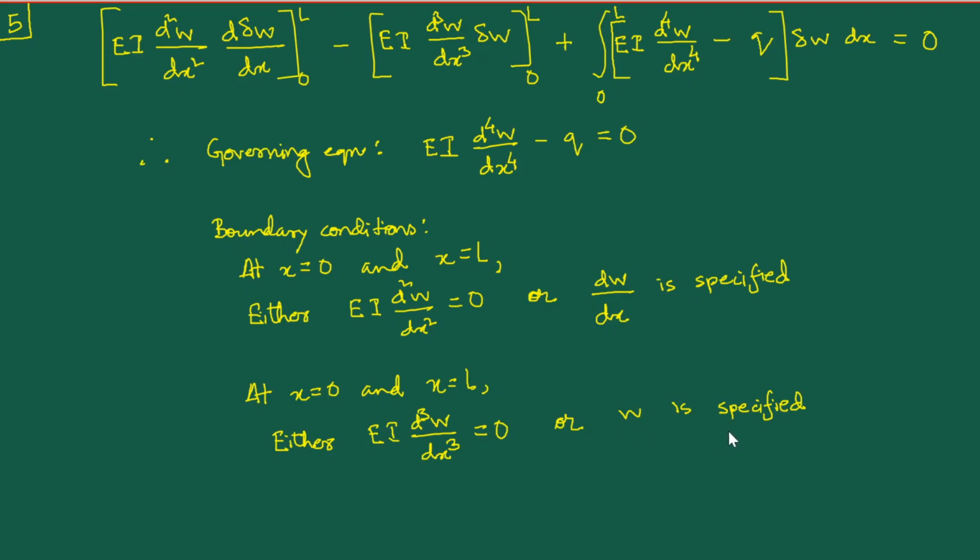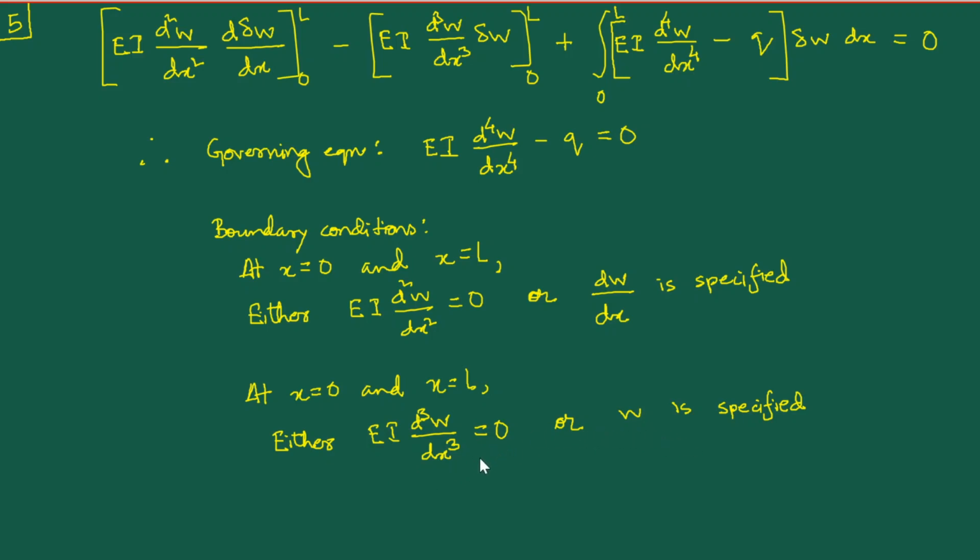So if the end is clamped at x equal to 0, w is specified, and then you cannot say that at x equal to 0 this other condition is true. Okay, so either one of these has to be applied.